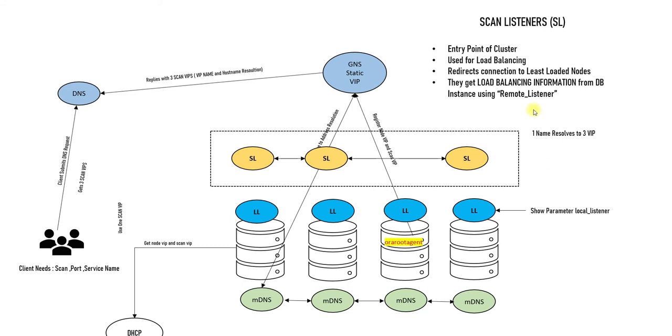If there are 5 nodes, these 3 cannot accommodate all 5, so these 3 will run on the least loaded nodes. These scan listeners will have the same name, as everybody might know, you will be providing the scan name, and it will resolve to 3 virtual IPs, okay.